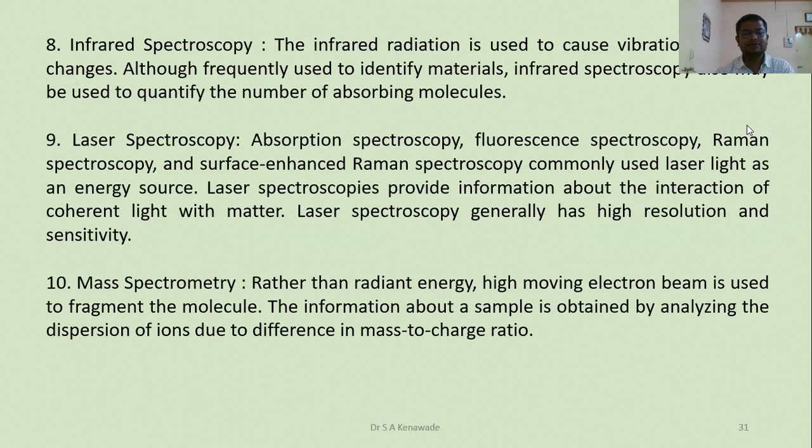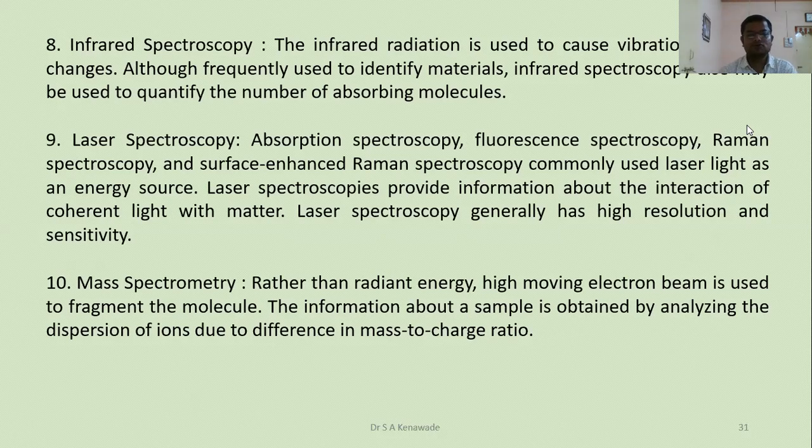The next one is mass spectroscopy. Rather than radiant energy, a high moving beam of electrons is used to fragment the molecule. Information about a sample is obtained by analyzing the dispersion of ions due to differences in mass to charge ratio. Again, this mass spectroscopy you have to study in your syllabus.